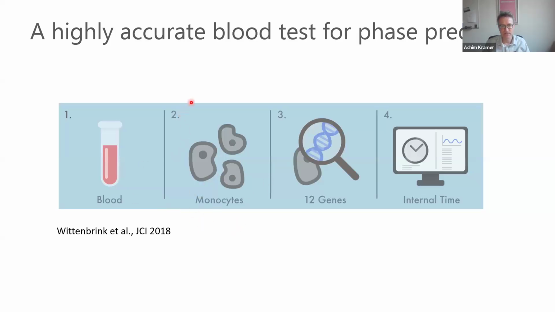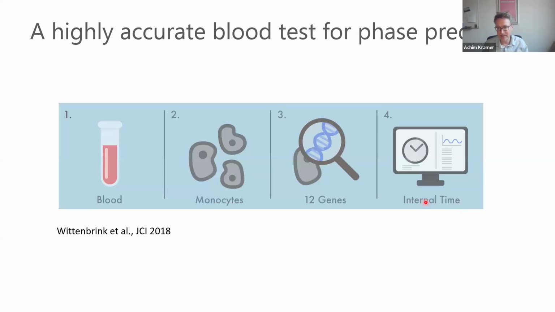We just take a single blood sample, purify the monocytes, analyze the best time-telling genes, and then use a computer algorithm to predict internal time. So basically, you just need a single blood sample. If you go to the doctor, you just take a blood sample, and the doctor analyzes a handful of time-telling genes and then you know what your internal time is.